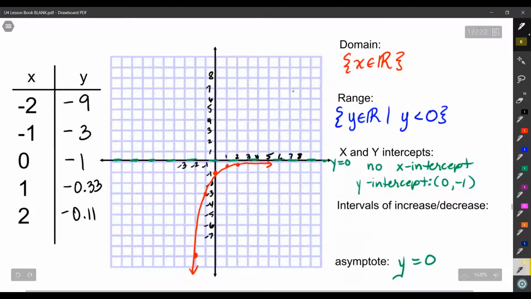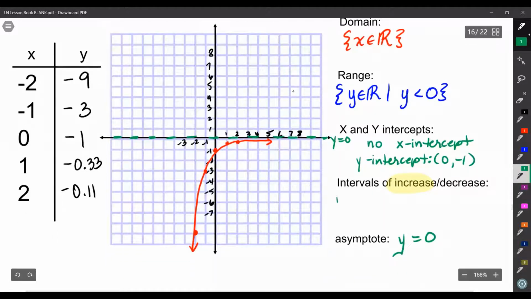Okay, so as I said before, when we do intervals of increase and decrease, we are going to start at the left side of the graph and just drag our pen along the graph toward the right. And we're going to pay attention to whether our pen is going up or going down. So in this case, as we bring our pencil along our graph from left to right, our pencil is moving up. So we have only intervals of increase here. There's no interval of decrease.